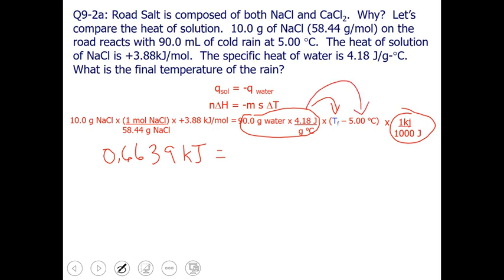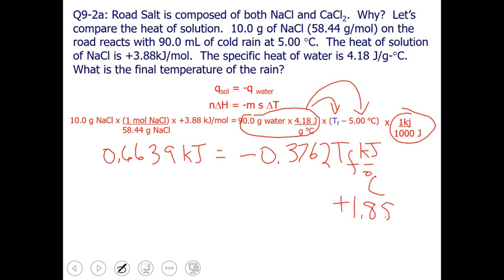And you will wind up with negative 0.3762 times the final temperature in units of kilojoule per degree Celsius plus 1.881 kilojoules. So it's a simple matter of solving the math and determining what the final temperature is equal to. We will be able to answer this question to 3 sig figs.